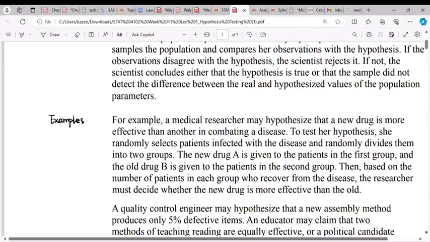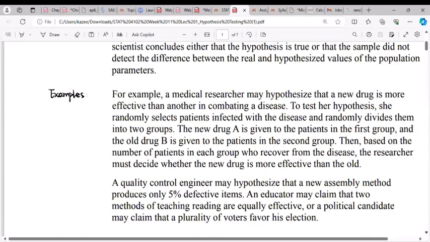Now, I want to go into an example on how hypothesis testing works. A medical researcher may hypothesize that a new drug is more effective than another in combating a disease. If you really want to do that, you partition the participants into two groups, and randomly assign them to the two different types of drugs.